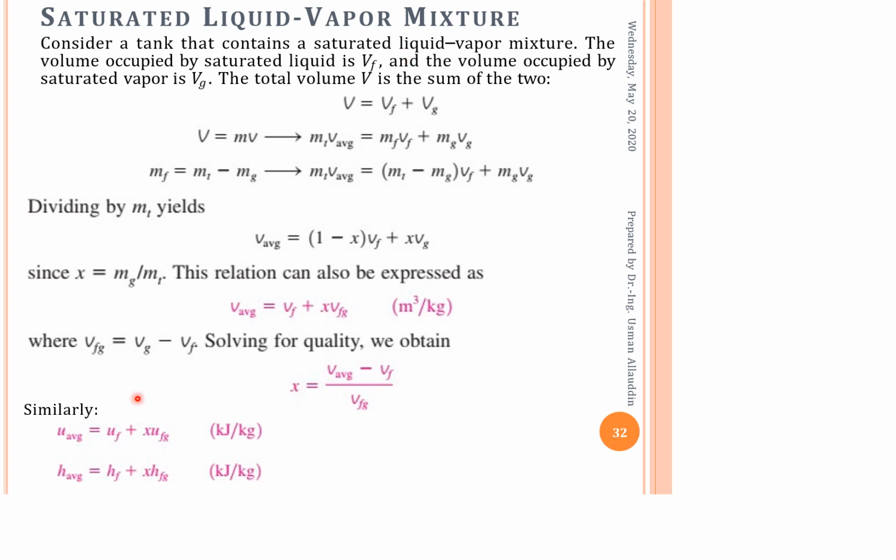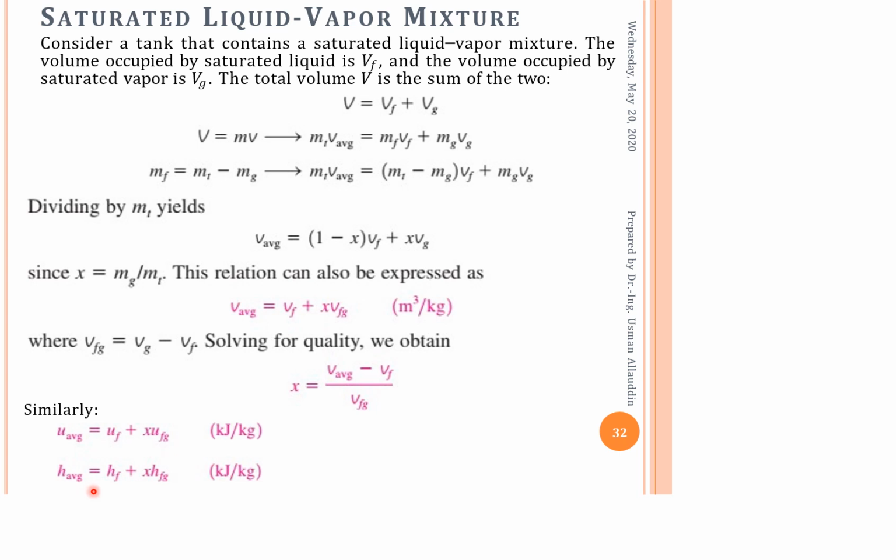The same goes for v average. The only factor that changes here is the internal energy. If we want to find the quality through internal energy, then we change v to u. And if you want to find the value of x through enthalpy, then we change our formula to h.